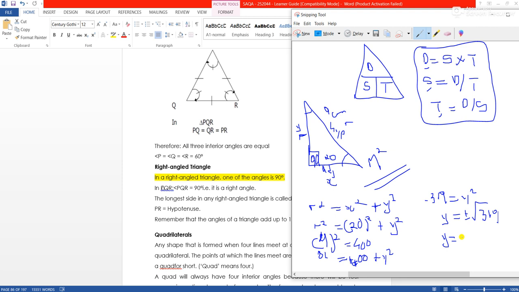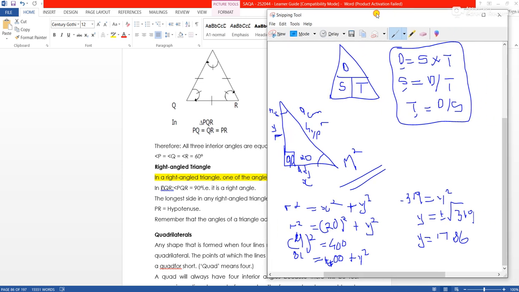So the y side will be 17.86. So that's how you find, using Pythagoras, the sides of your right angle triangle.